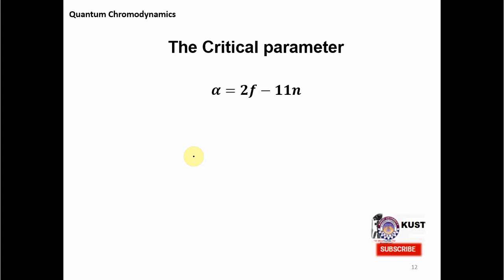For this purpose, we need to define a critical parameter, alpha, which you can think of as deciding whether the strength of the force is strong or weak. It is a complicated formula to derive, but you can trust at the moment that it is correct. The formula is 2f minus 11n, where f is the number of flavors and n is the number of colors present in the theory.